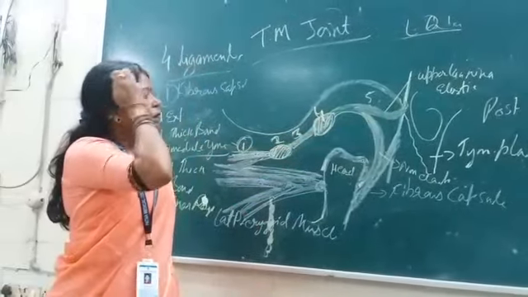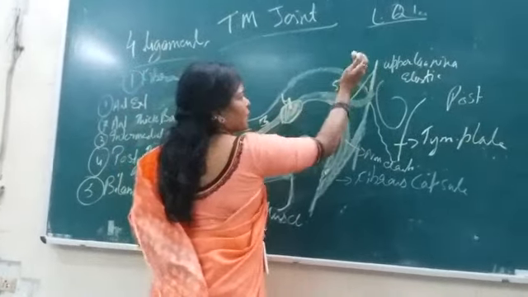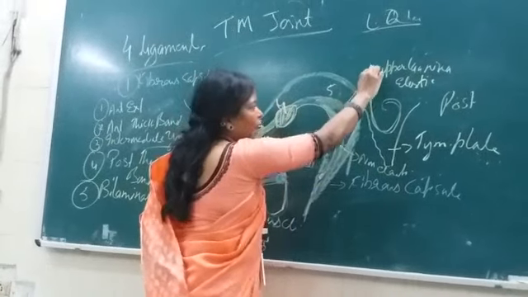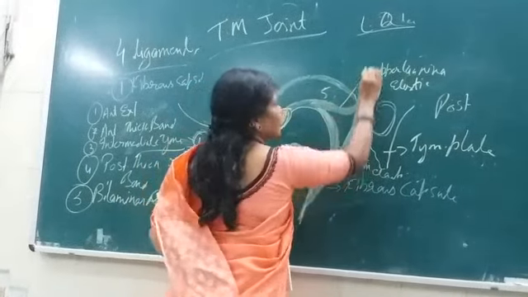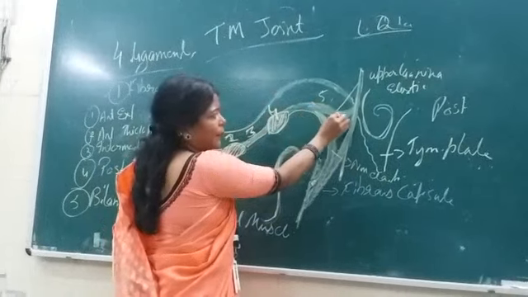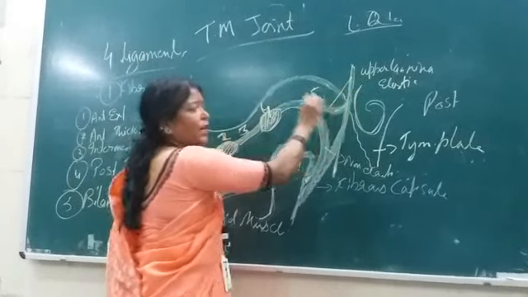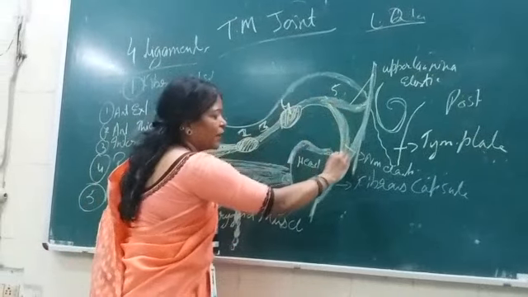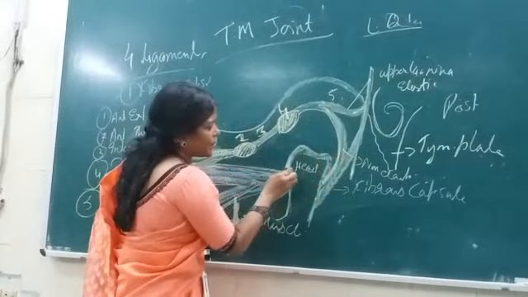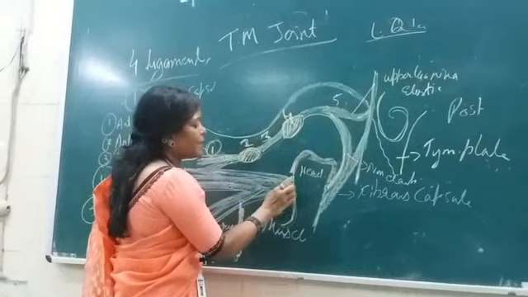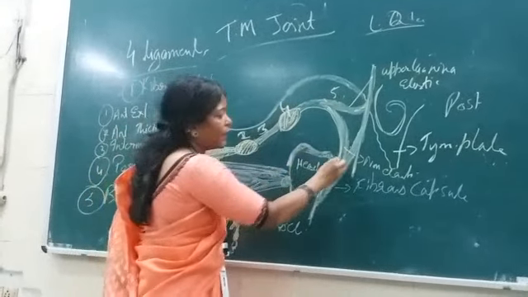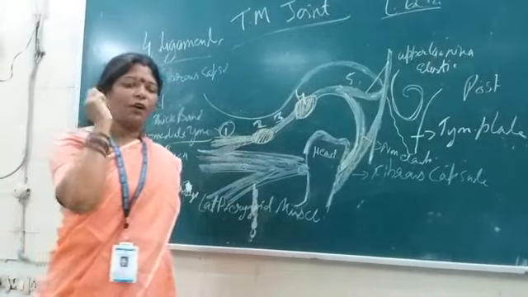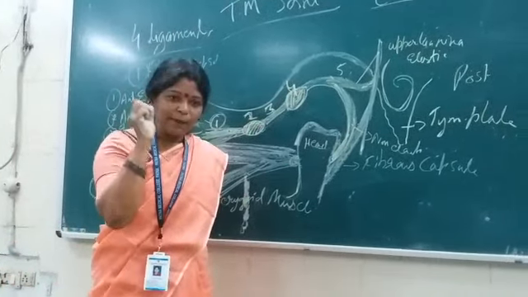What you will see here is the squamous part, and here it is the tympanic part, the tympanic plate of this temporal bone, and the fissure which is vertically present here. So the upper lamina is merged with the squamotympanic fissure, and the lower lamina is attached to the head of the mandible, the posterior part of that, where the lower lamina of the intra-articular disc is attached.